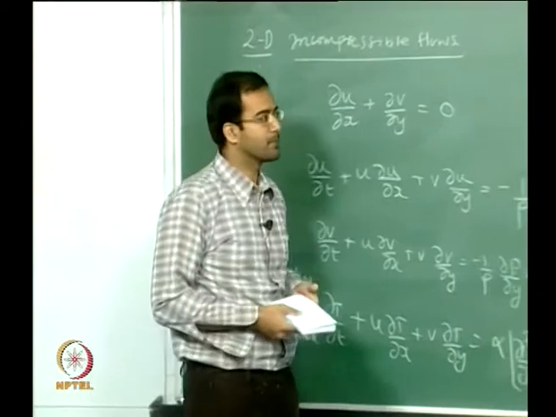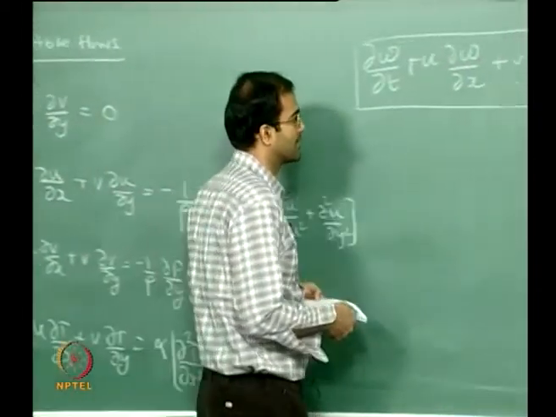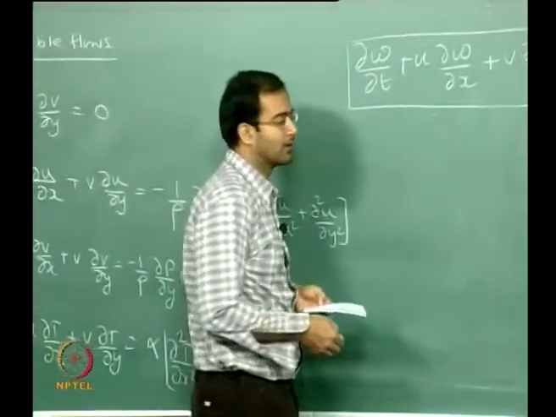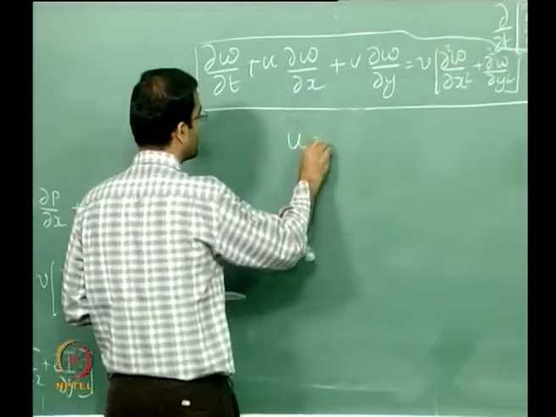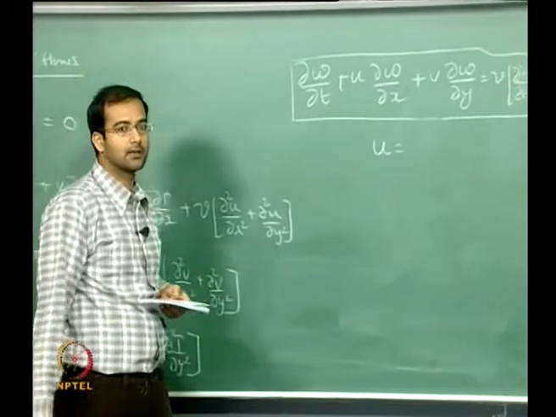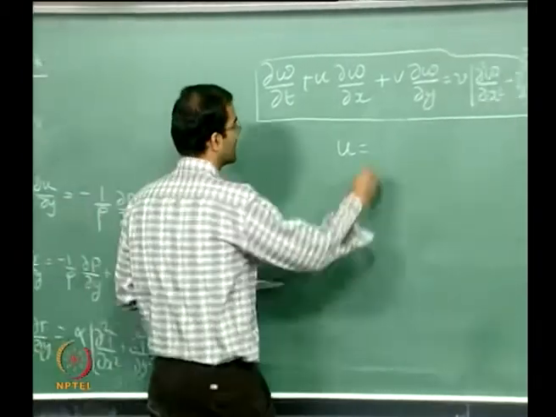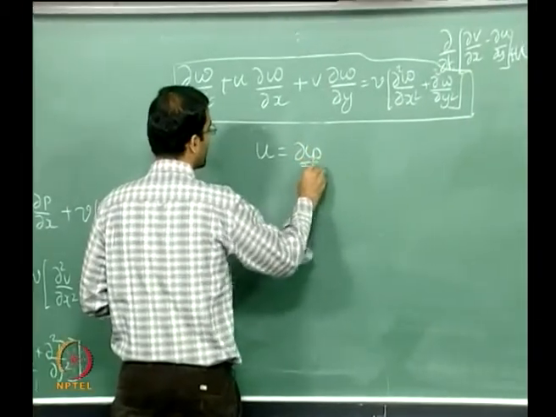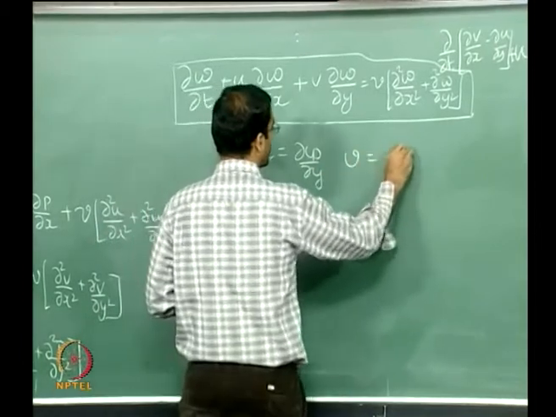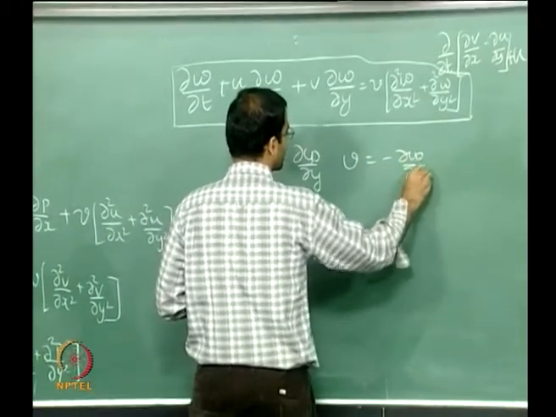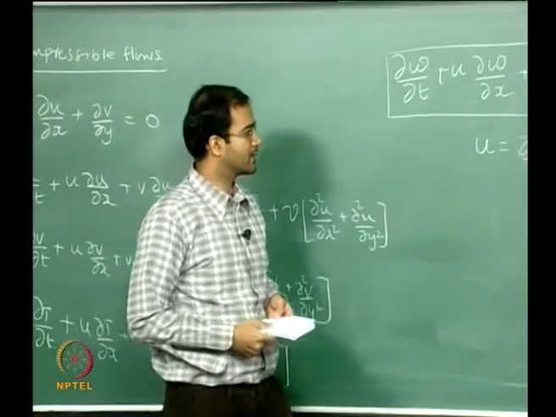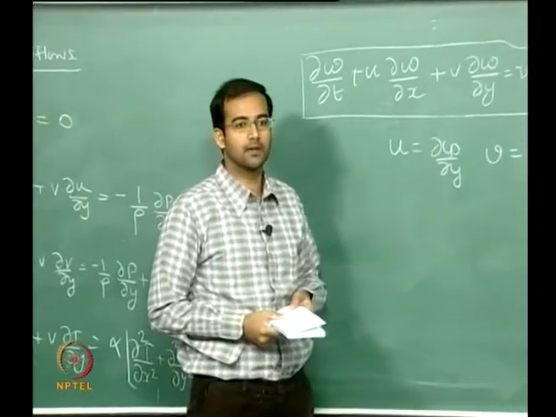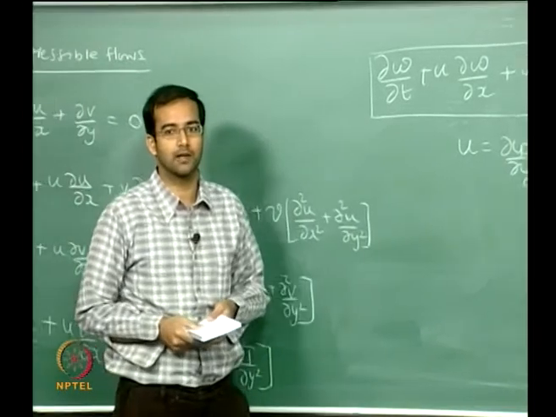That's the stream function. From the stream function you can calculate your velocities. For example, u is related to your stream function as d psi by dy, and v is minus d psi by dx. So naturally you can see that du by dx plus dv by dy will be 0. So the stream function is automatically satisfying continuity.